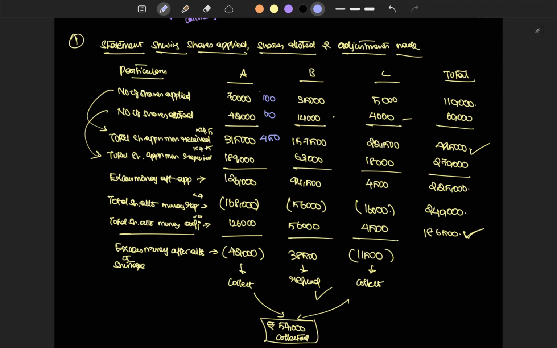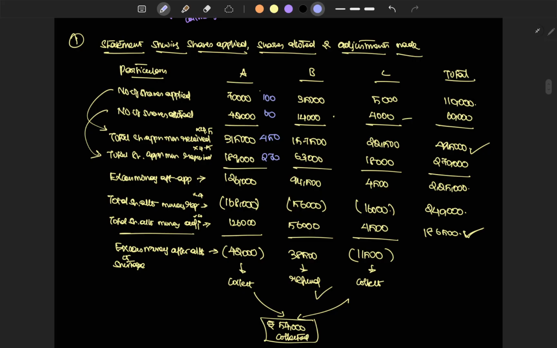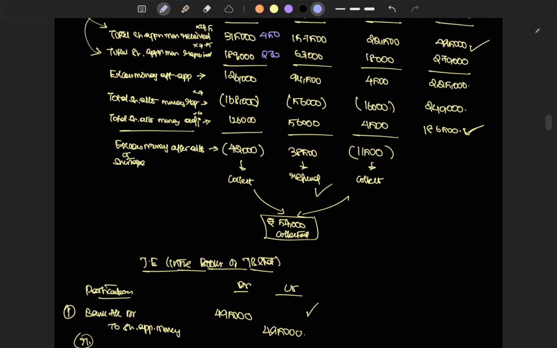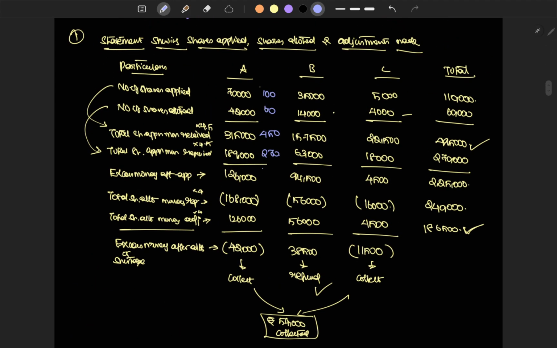But how much is required? 60 into 4.5, 270 is only required. Balance 450 minus 270, which is 180. 180 he paid in excess. This 180 money has to be adjusted here.